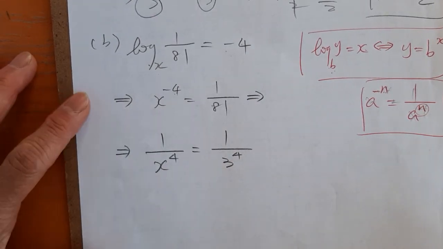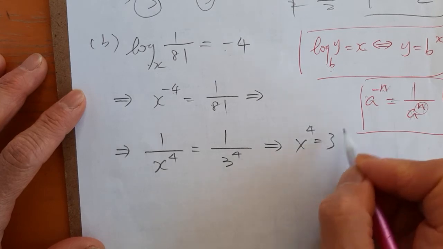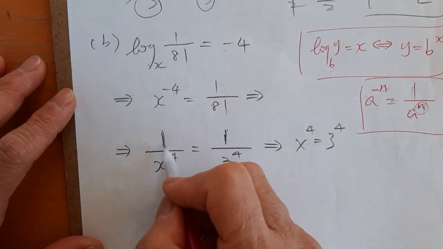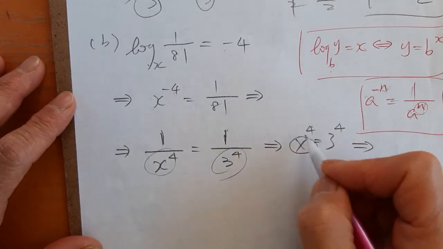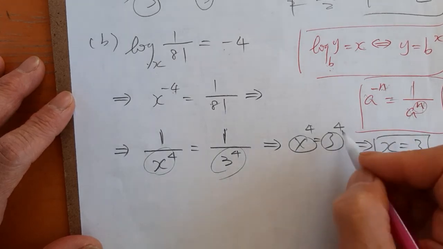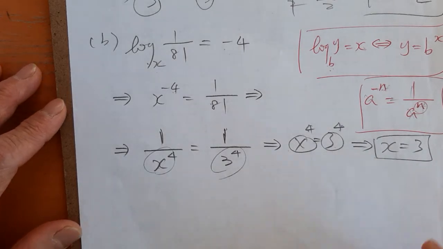Therefore x to the power 4 equals 3 to the power 4. The numerators are equal, so the denominators should be equal. The exponents are equal, so the bases should be equal. So x equals 3.